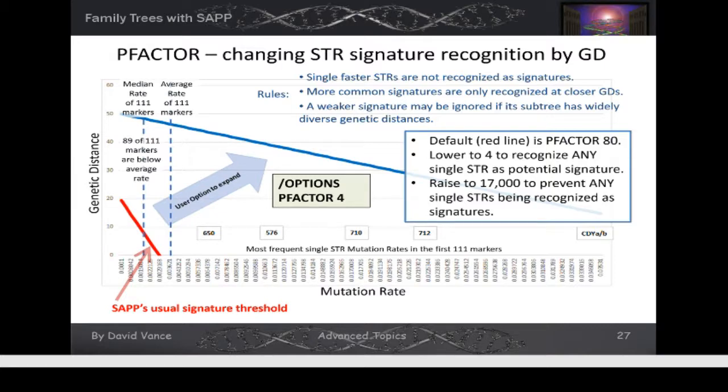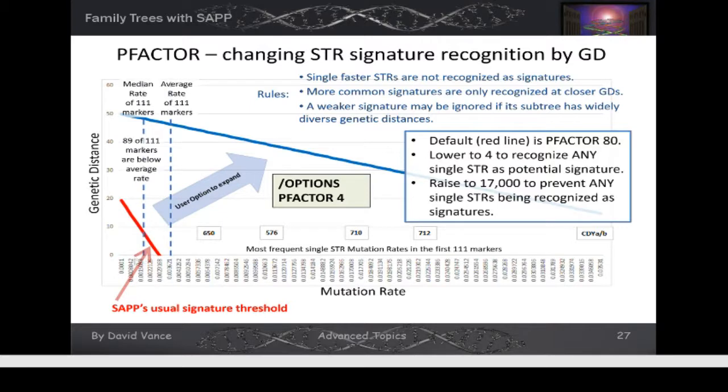So the default in SAPP, if you look at this graph, is the genetic distance and the mutation rates. Now, mutation rates for pairs of STRs or 3 STRs or 4 are simply the weights of those mutation rates, then get multiplied because the events are separate, and the odds of those events happening are the multiplication of the two.